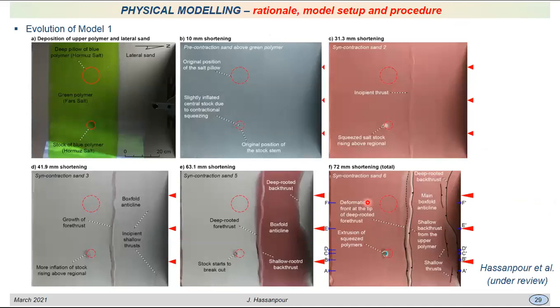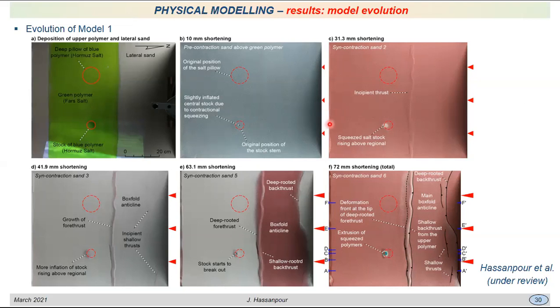So in these slides, I'm going to show you the evolution of the diapir after the establishment of the upper polymer, which is the Fars Salt, and its lateral sand. So as you can see, after putting the first overburden sand layer above the Fars Salt polymer, we have applied contractional deformation.